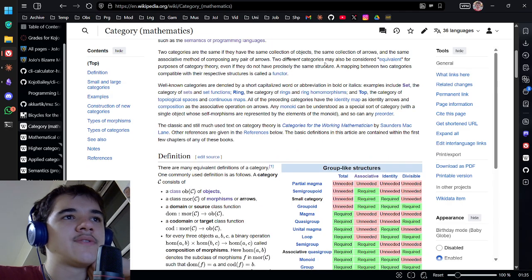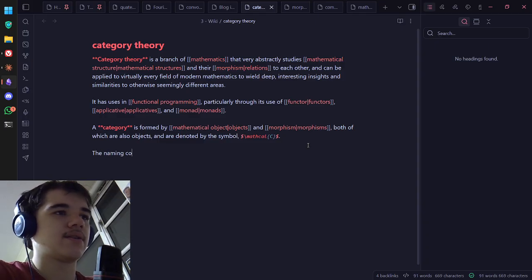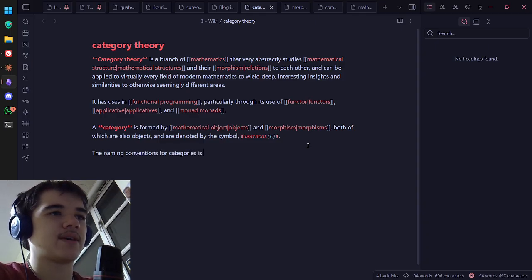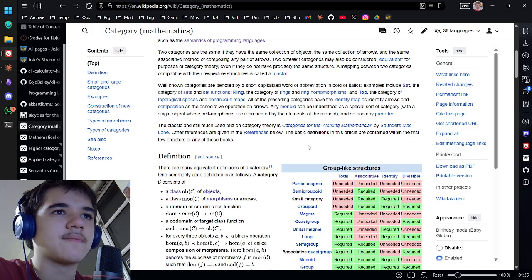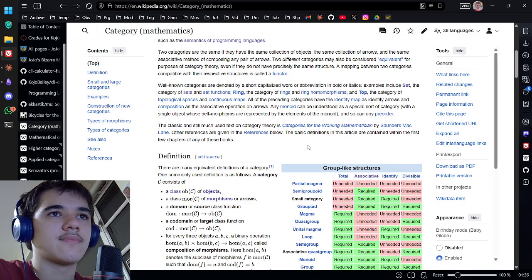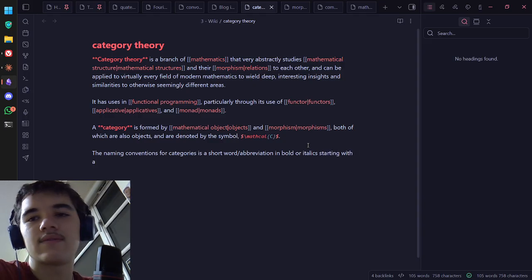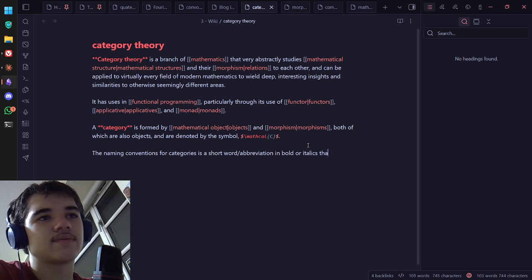Well-known categories are denoted by a short capitalized word or abbreviation in bold or italics. So the naming convention for categories is a short word or abbreviation in bold or italics that starts with a capital letter.